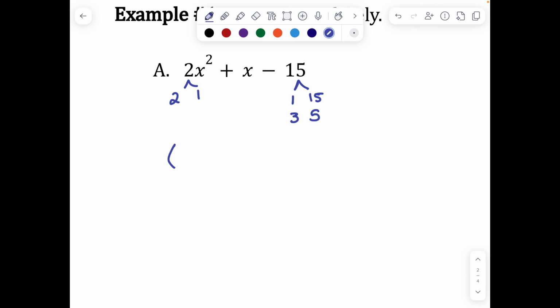So if I start factoring this, I know I'm going to have a 2x and an x. And I need to subtract to get to positive 1. So I know that 2 times 3 is 6, minus 5 will give me 1. So I have 2x minus 5 times x plus 3.